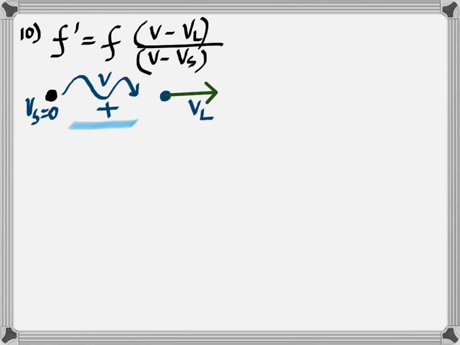The object is moving away. You see that? The listener is the object moving away. Just stop there and tell me what will happen to the signs in the formula. Which sign will change before I show you? Well, Vs will become 0. Everybody knows that. Now, the only question you have to answer is, will the sign of the velocity of the listener change, or will it not change?